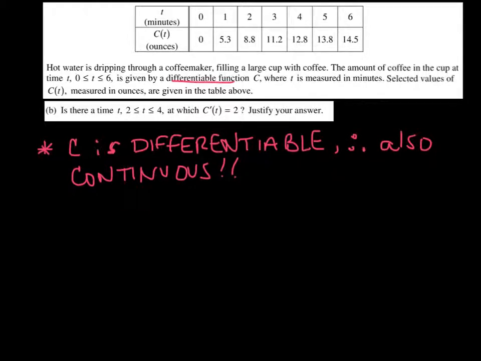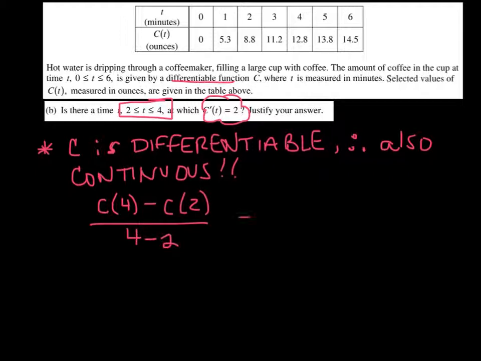Now that we know that, and we've stated it, we're ready to go ahead and do the mean value theorem. So the mean value theorem is simply doing the slope of the secant over the interval here and seeing if that's equal to the slope of the tangent, which is what we are verifying. So we are verifying that C of 4 minus C of 2 over 4 minus 2, does that equal 2?